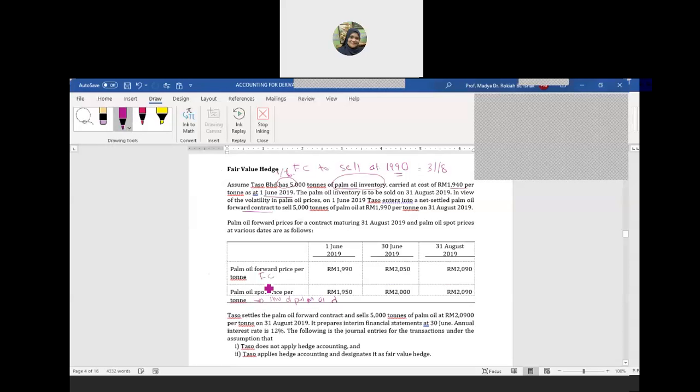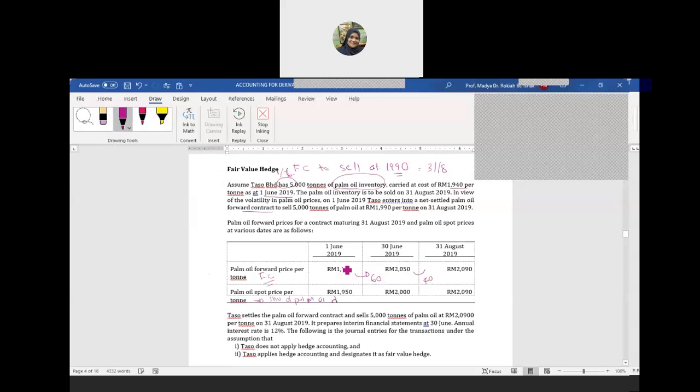Okay, this one is the price for a forward contract, where you want to sell the palm oil at the price of 1990. If you look at the forward contract here, the price has increased. So you look at the price increase here, the difference here is 60. The difference that we have here is 40.